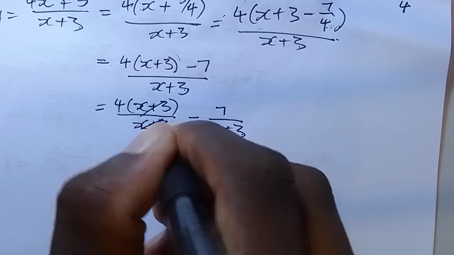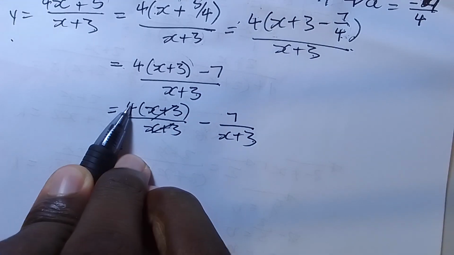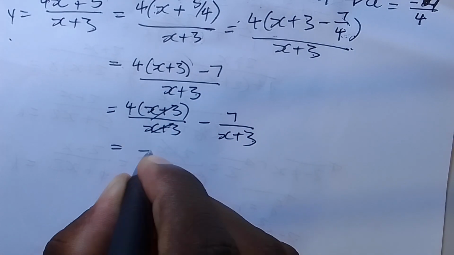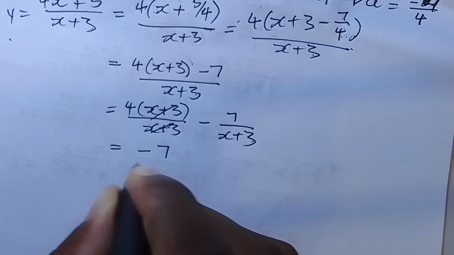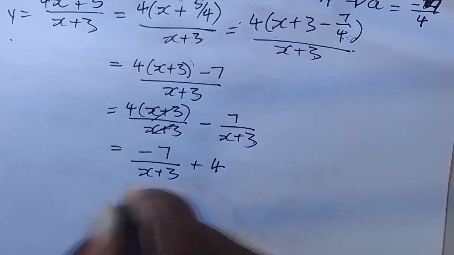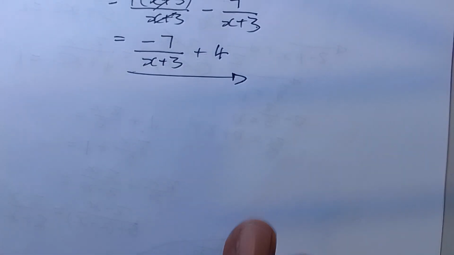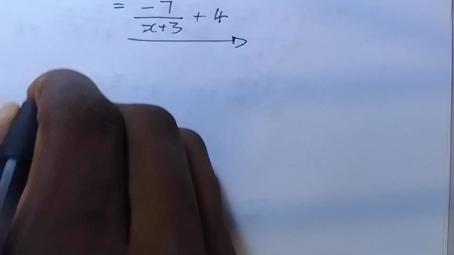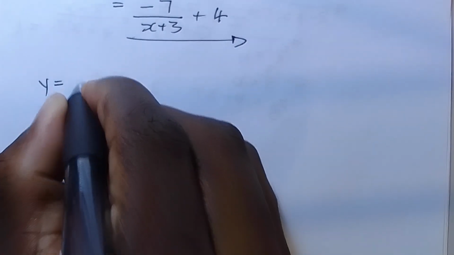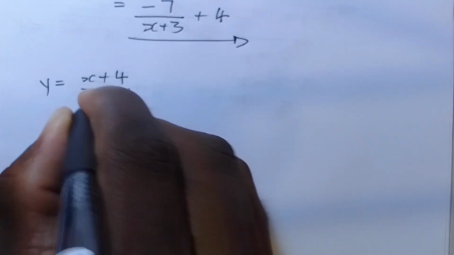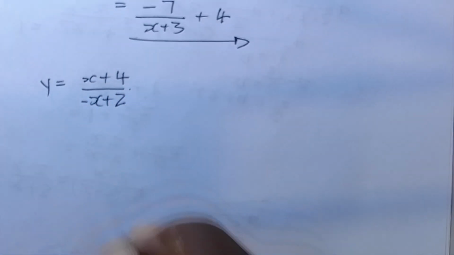These are going to cancel, you have 4, and then you have this. So the answer is negative 7 over x plus 3 plus 4. Right. The next one we'll do is y is equal to x plus 4 over negative x plus 2.